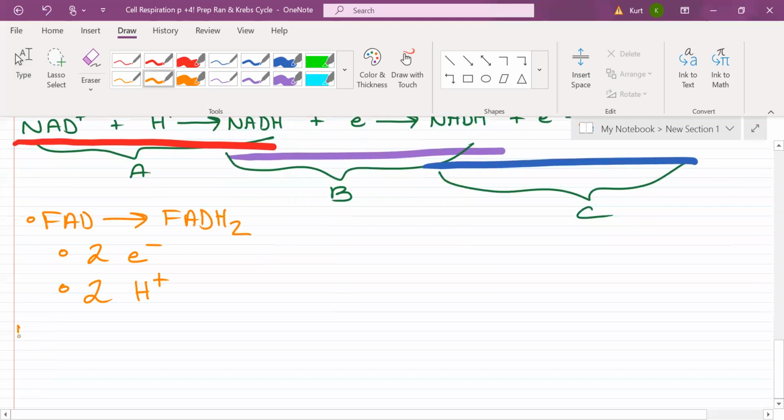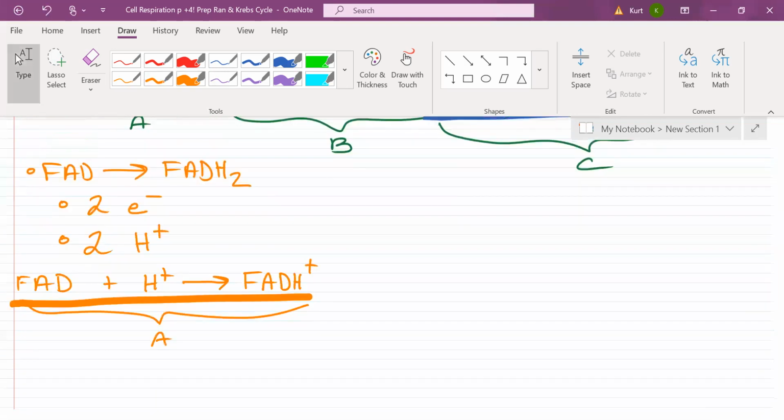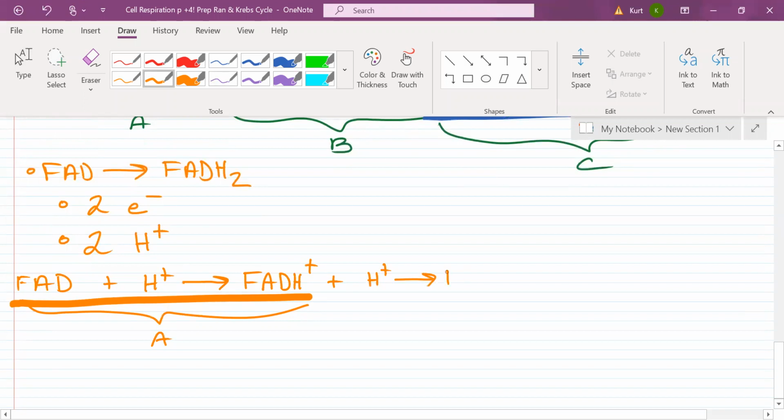So here we go. You've got FAD, it grabs a hydrogen ion, and it will become FADH with a positive 1 charge. This is what you can call reaction A. You then add a second hydrogen ion to it, and it will be FADH2 with a positive 2 charge.